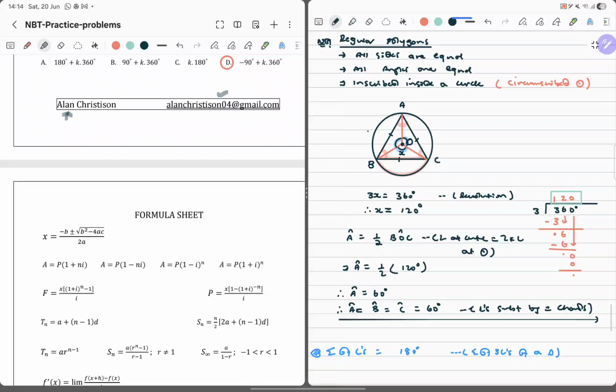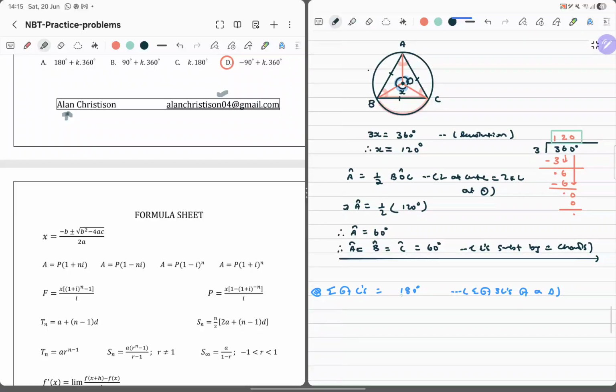Let's start again. When these are 3, we get 180. So this means the sum of angles here is going to be what? If we compare this to the number of sides, you can see that this is 180 times 1. So from 3 sides, this is nothing but 180 degrees, 180 degrees times 1, literally, because it's just 180.